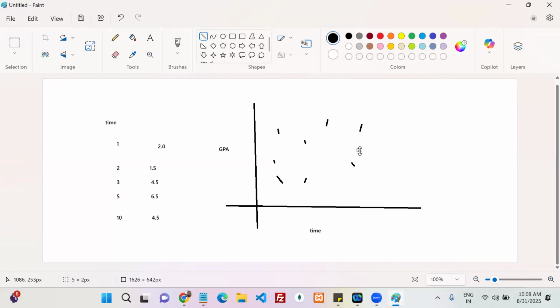Now the regression. Regression is nothing but drawing the line in between the points. You have to draw the line between the points by using which formula? Y equals mx plus c. Can we use that formula?